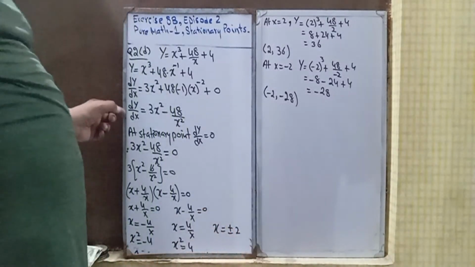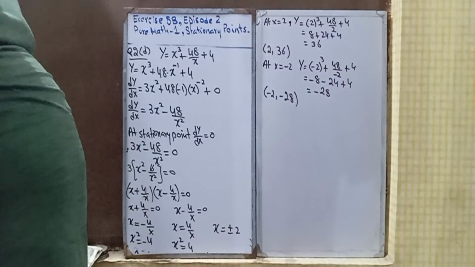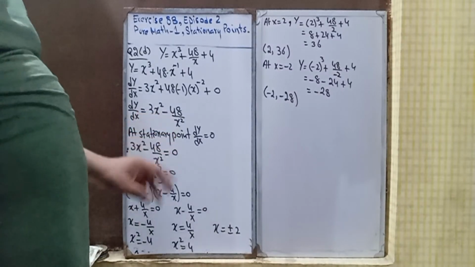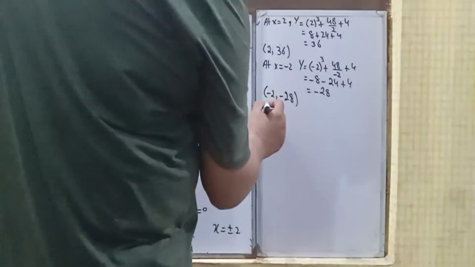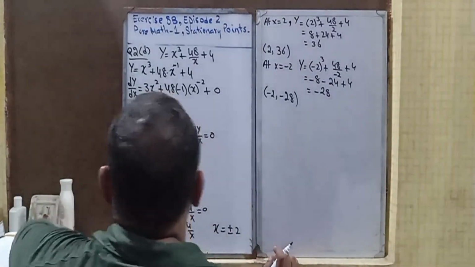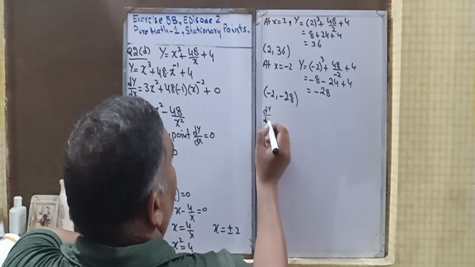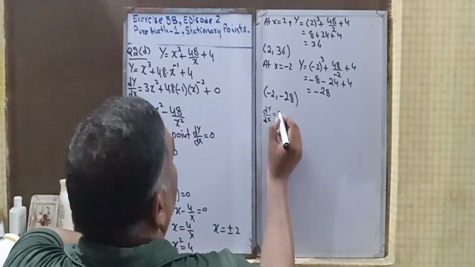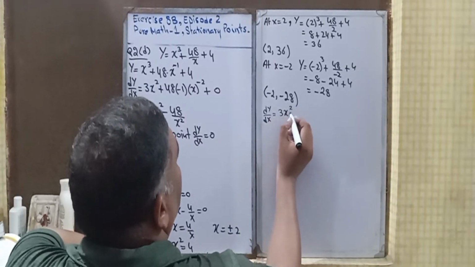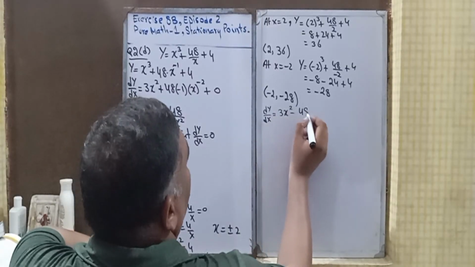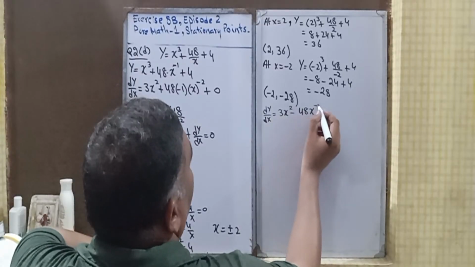Can you see this? dy by dx is equal to 3x square minus 48 by x square. So let me shift here so you can see that also. So the first derivative dy by dx is equal to 3x square minus 48x raised to power minus 2.